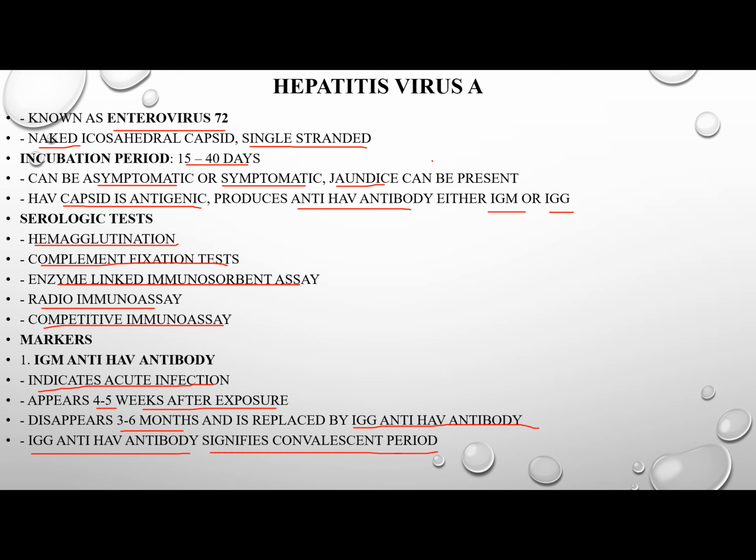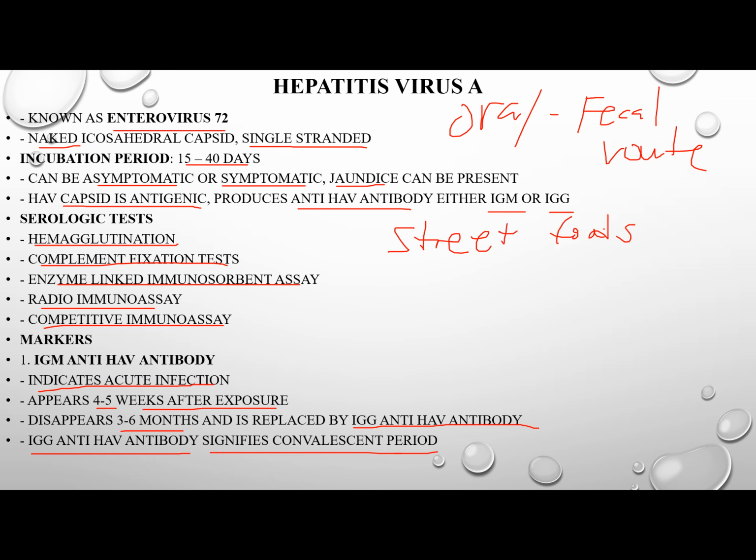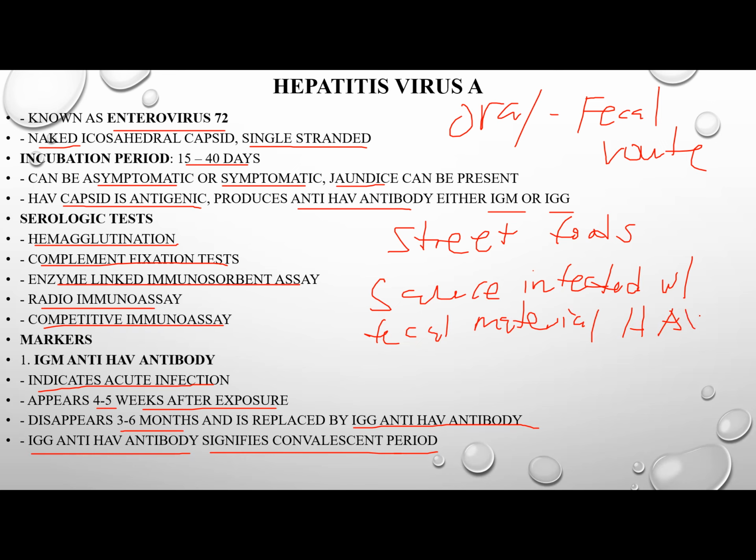Sa hepatitis A virus, class, di ba this is acquired via the oral-fecal route. Now, dito sa Pilipinas, class, if you're the type of individual that likes to eat street foods, kunwari, yung sauce na kinakainan nyo is infected with fecal material containing hepatitis A virus.